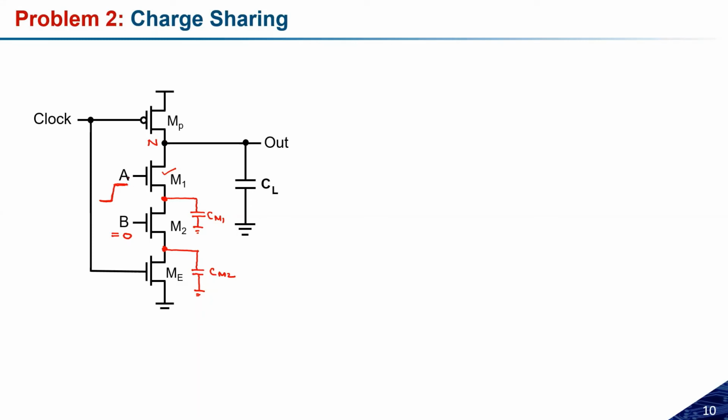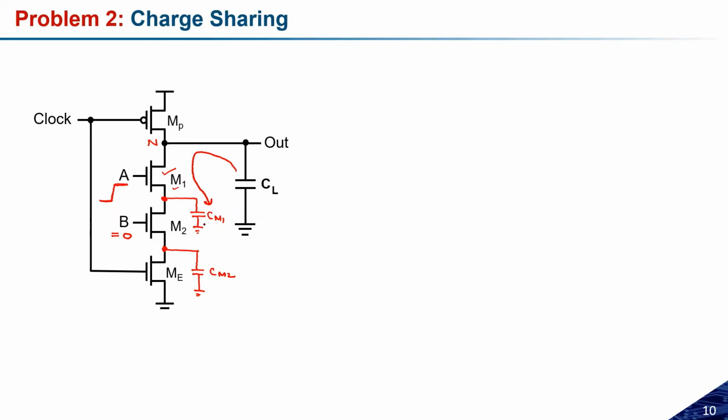But because I have kept input A high, and this is on, this capacitor will start distributing to CM1, because there will be some internal capacitance because of this M1. And because this transistor is in on state, it will get a direct path to discharge, and that will be shared with this CM1.